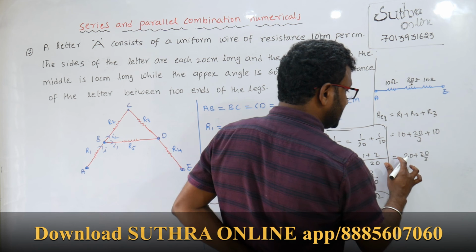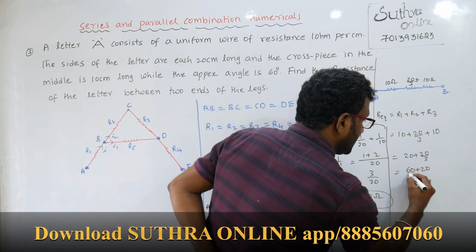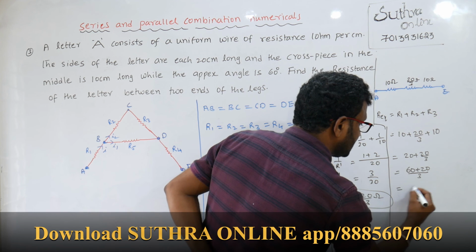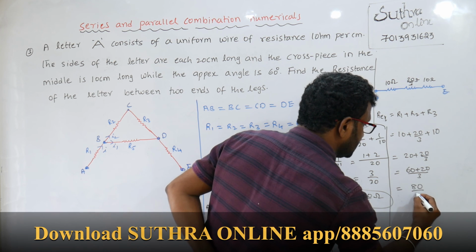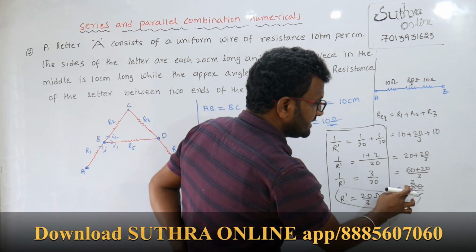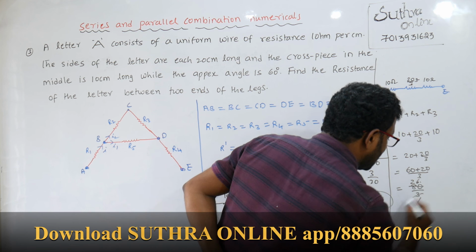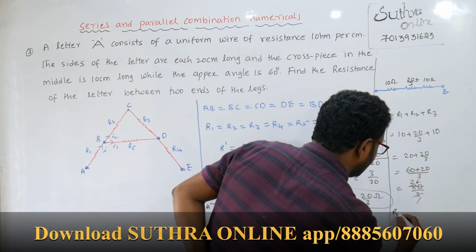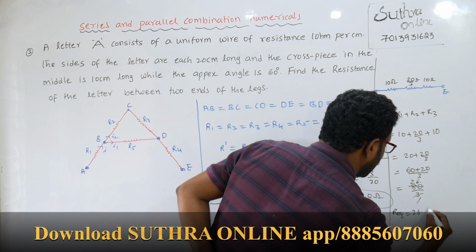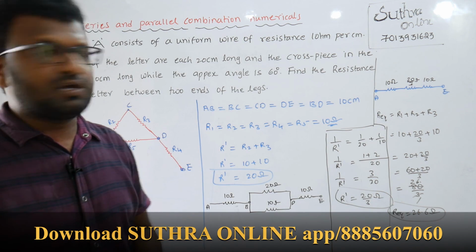Taking the LCM, 60 plus 20 by 3, that is 80 by 3. That comes to about 26.6 ohms. So this is the effective resistance in the circuit.